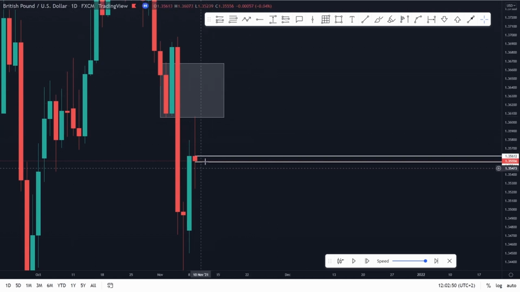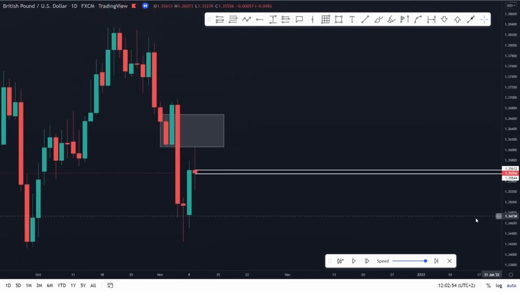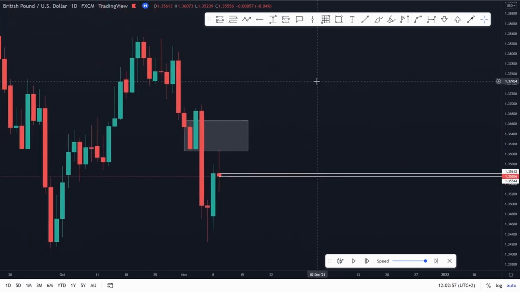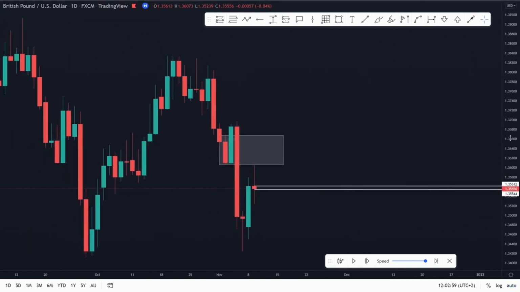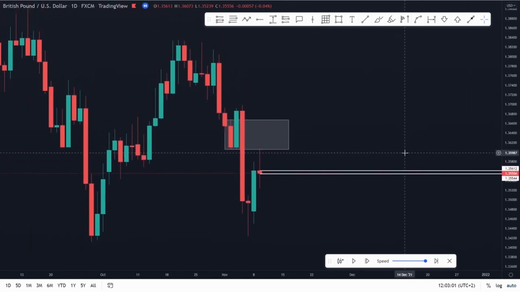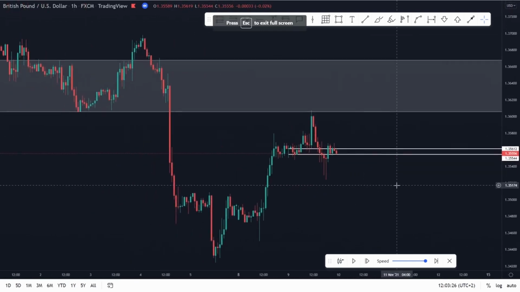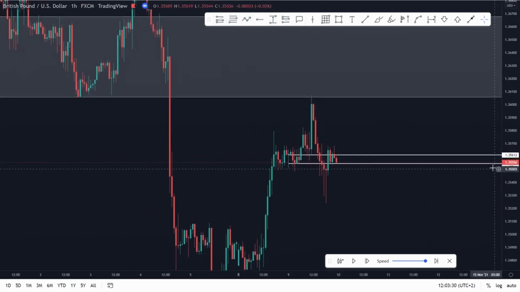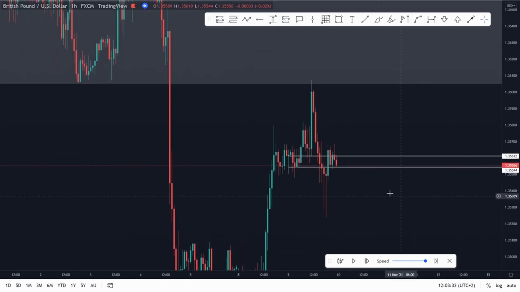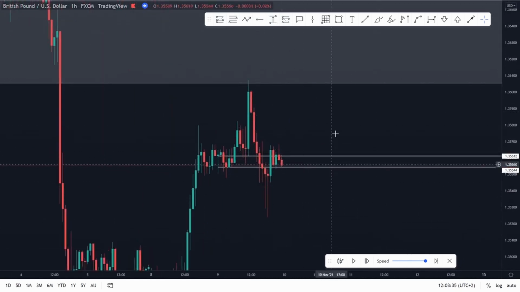So because we have our entry here, meaning we can enter from the daily time frame, but we can reduce our risk by going to the lower time frame to enter. So from here we can see that we have that daily area zone here, and then we will find our zone here.